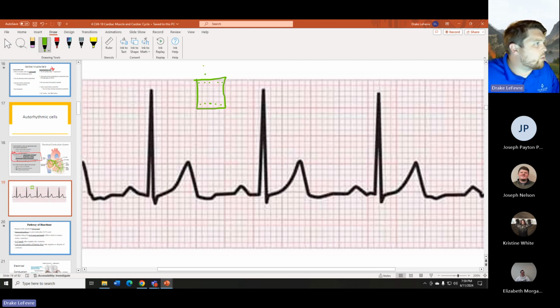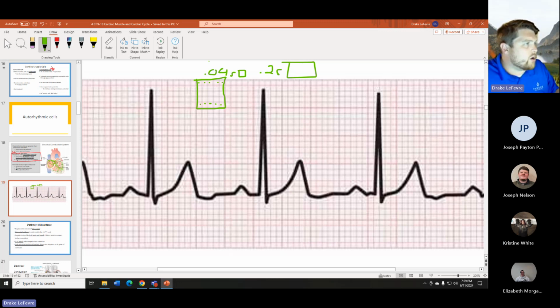Each small box is 0.04 seconds. So 4, 8, 12, 16, 20. So 0.2 seconds per big box. And so we kind of look it up and add it up.